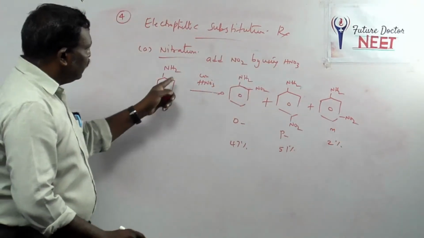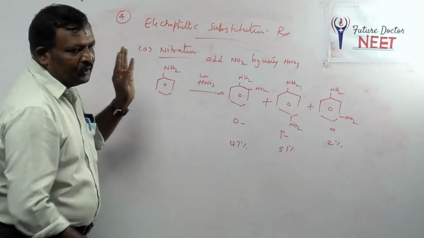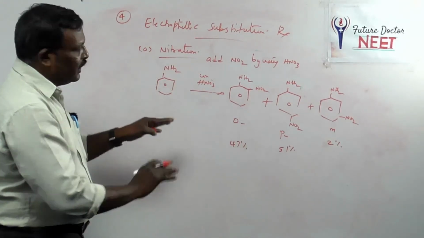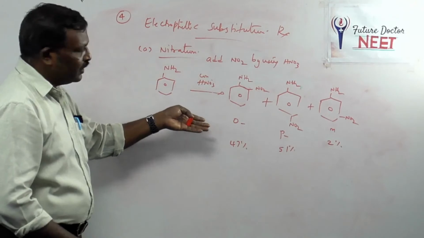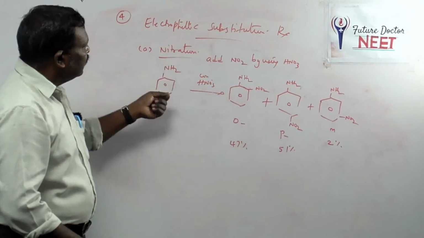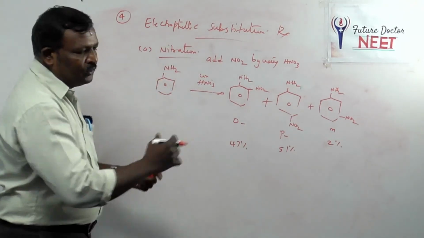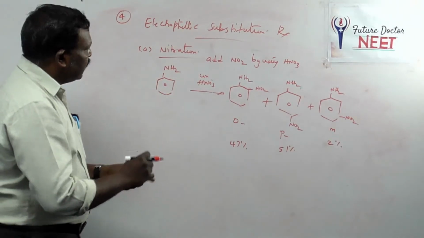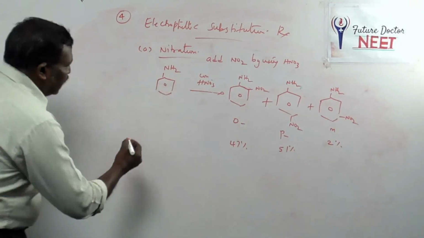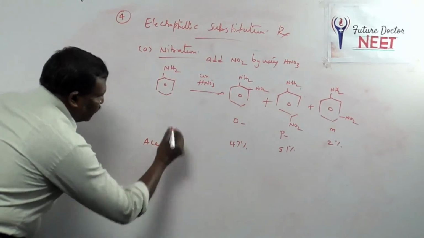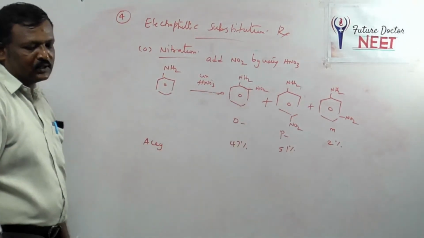If you do direct nitration, we will be getting all of them. But if you want to get only the para product or only the ortho product, before nitration we should do one process, called acylation. First copy this. Write fast.